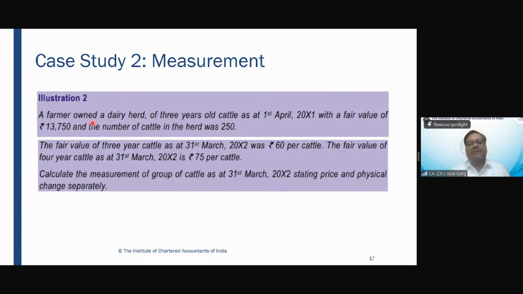So where will this 20 rupees go? Revaluation, sir? Ind AS 16? No. That subsequent measurement is also captured under Ind AS 41. So whenever there is a change in the fair value, it will go to the P&L. Whenever there are gains and losses, it will go to the P&L.